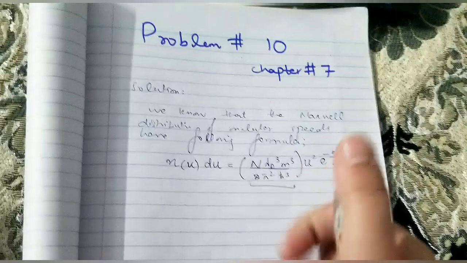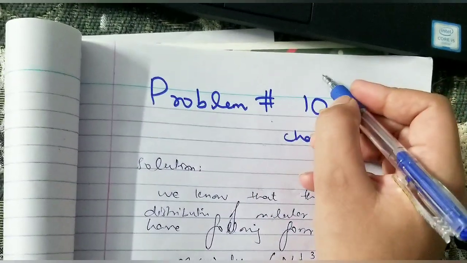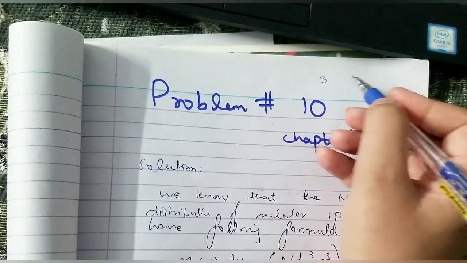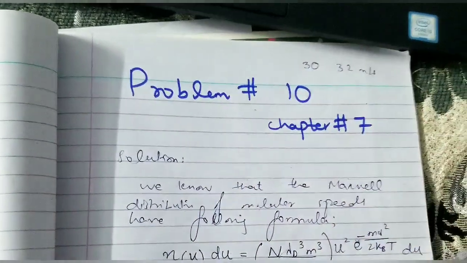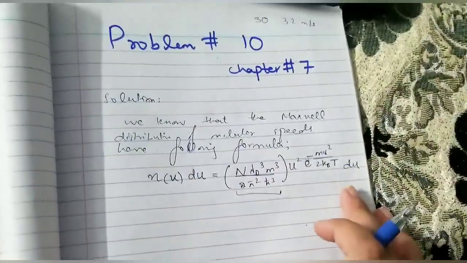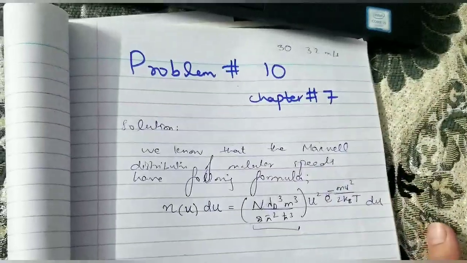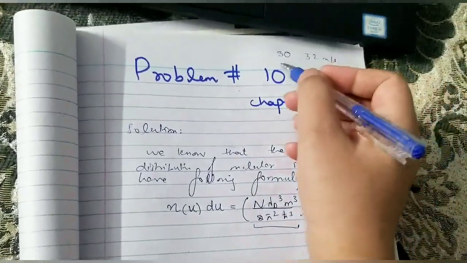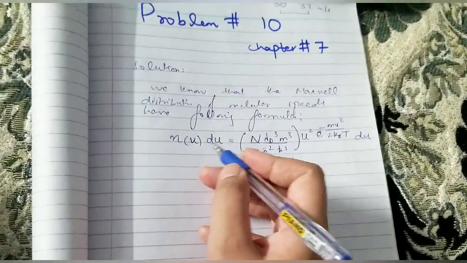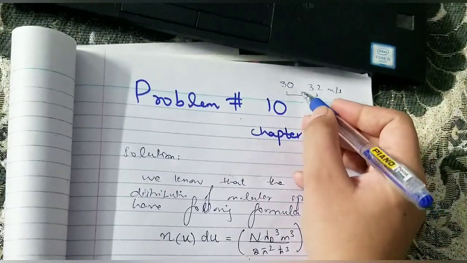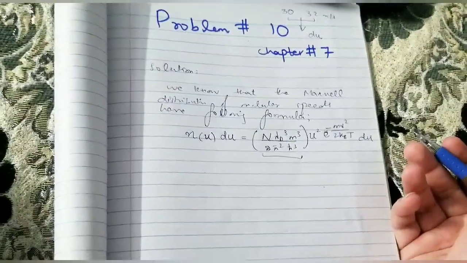For example, for the gas molecules that have speeds between 30 and 32 meters per second, this formula will give you the number of gas molecules per unit volume with speeds in that interval. We represent the interval by du, which shows the interval under study.